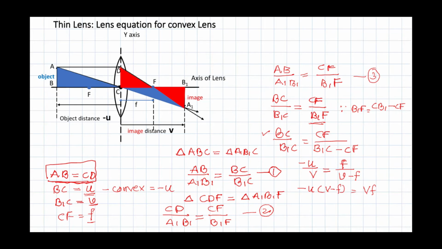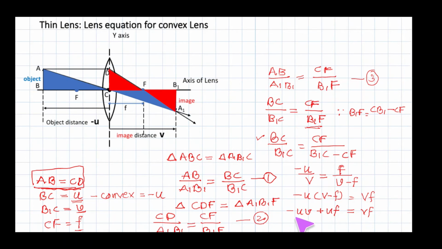Now, expanding both sides, we get minus UV plus UF is equal to VF. Now we are going to divide all these three terms throughout by UVF. That means here it is divided by UVF, here it is UVF, and here also UVF.